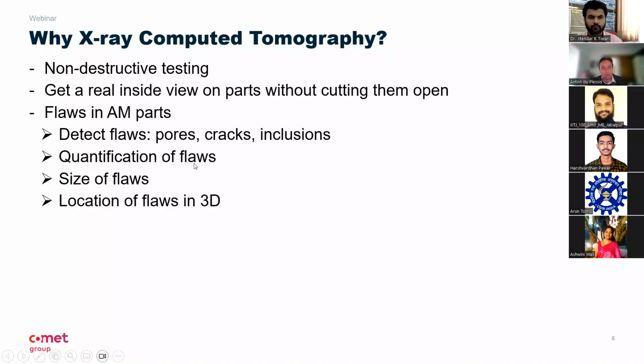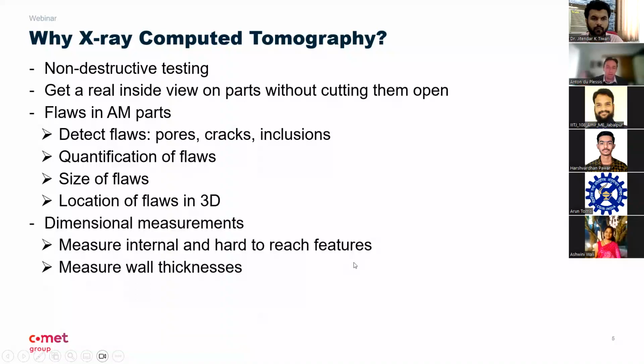Also quantifying those flaws, so determining what the size is of them and where they are in 3D is also for additive manufacturing quite important because of the manufacture method and the mechanisms involved, and sometimes cause localization of pores, and it's important to know about that.